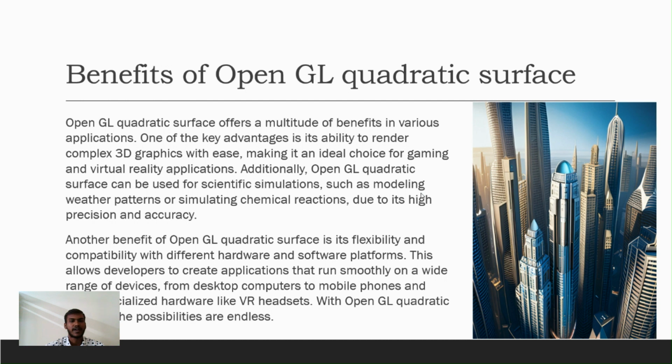Additionally, OpenGL quadratic surface can be used for scientific simulation, such as modeling weather patterns or simulating chemical reactions, due to its high precision and accuracy. Another benefit of OpenGL quadratic surface is its flexibility and compatibility with different hardware and software platforms. This allows developers to create applications that run smoothly on a wide range of devices, from desktop computers to mobile phones and even specialized hardware like VR headsets.